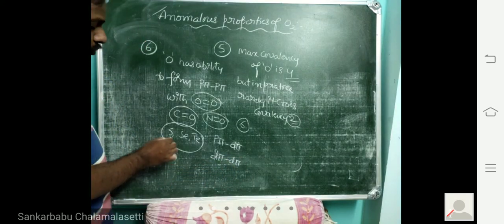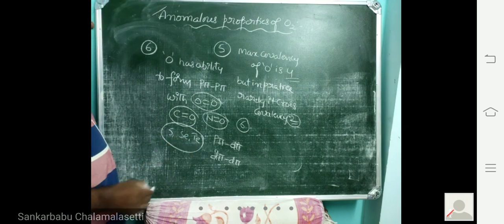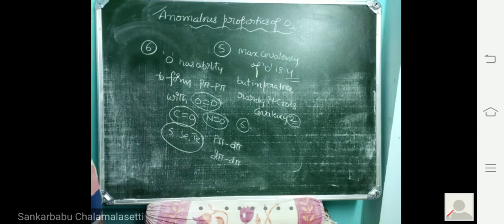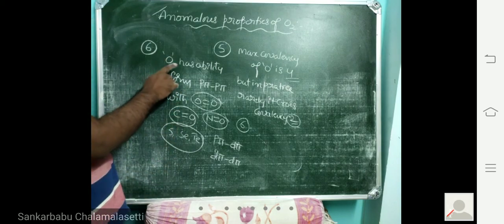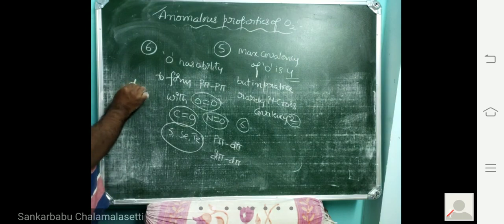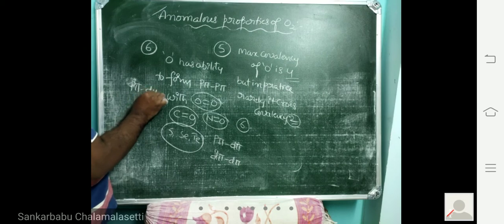Other elements of this group, sulfur, selenium, tellurium, have the ability to form p pi-d pi bonds. But oxygen has only p pi, and is unable to form p pi-d pi.